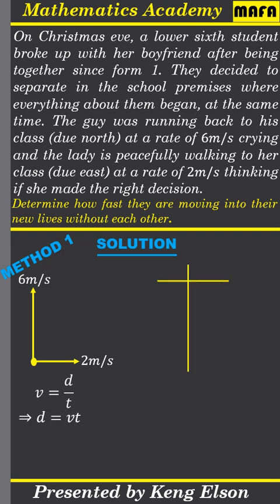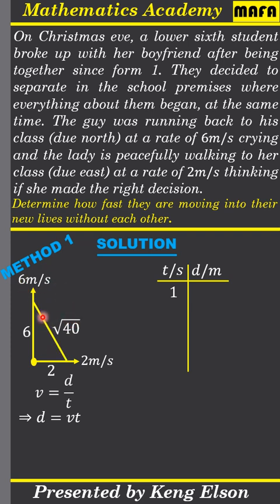Now I'm going to draw a table with time and respective distances. When t is equal to 1 second, what is the distance? It is the speed times the time. So the distance covered by the lady is going to be 2 meters per second times 1 second, which will just give you 2 meters, and the distance covered by the guy that is crying is 6 meters per second times 1 second, which is 6 meters.